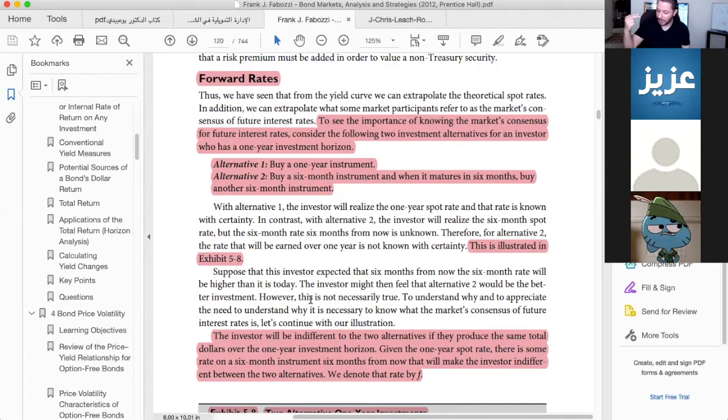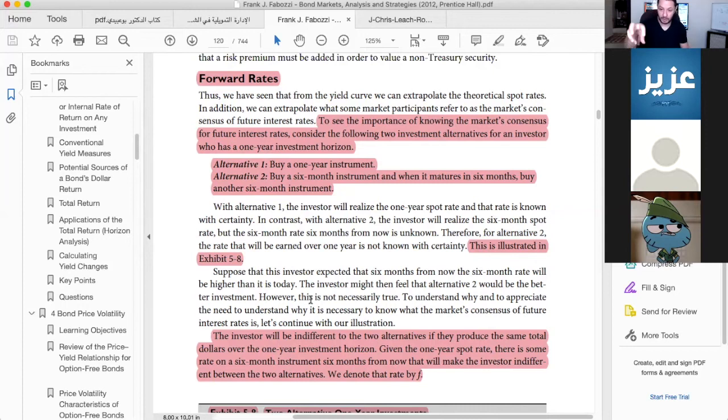As a company you can make what's called a short sell, but I'm trying to simplify the question for you. So you can issue a debt security for 1 year. We are no longer buying the debt security; you are issuing, so you are receiving money. You are receiving $100 at T0.